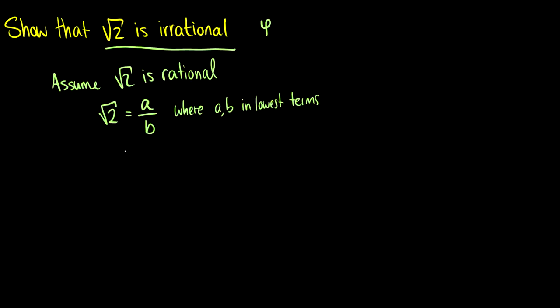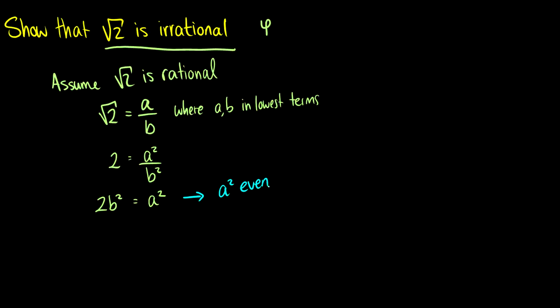So let's square both sides. Then we'll get 2 is equal to a squared over b squared. We can bring b squared to the left, so 2b squared is equal to a squared. And what can we claim now? Well, because a squared is equal to 2 times some other number, we know that a squared is even.